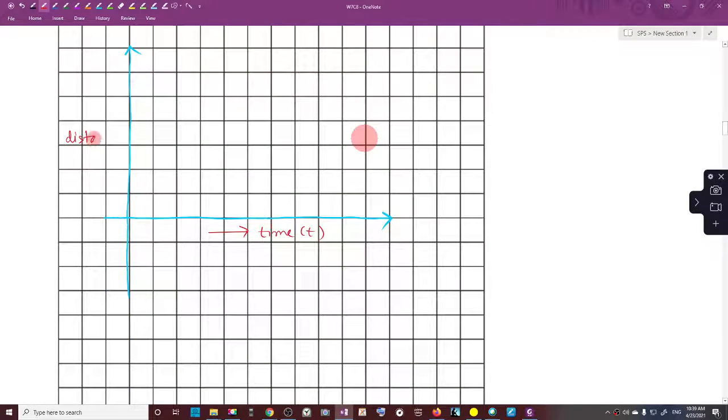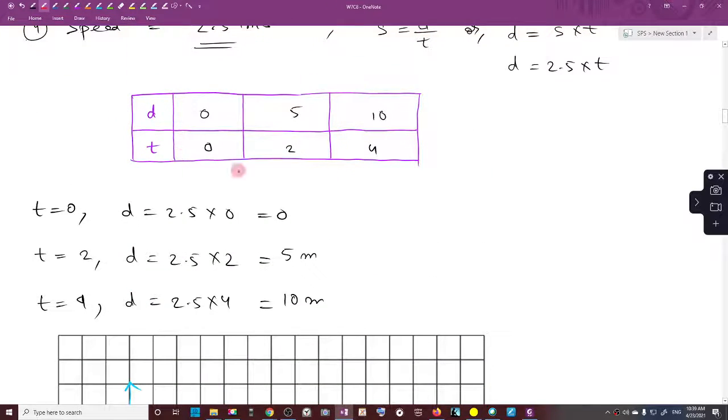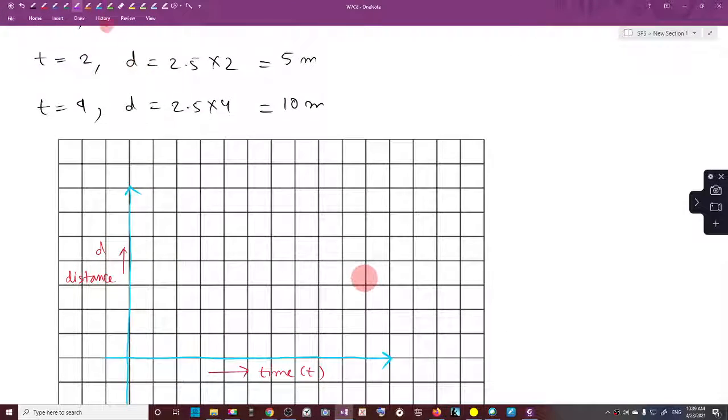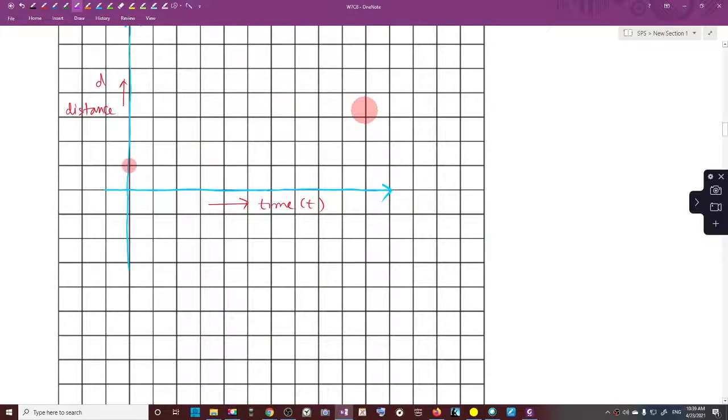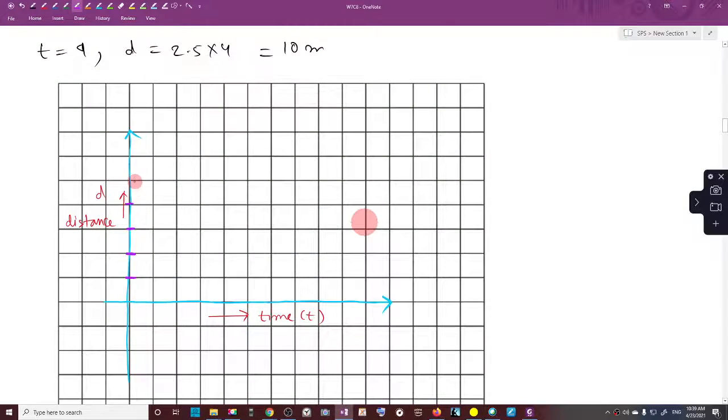Let us write this as d. Now the distance is from 0 to 10 meter. So let us take the interval from 0 to 10. So 1, 2, 3, 4, 5, 6, 7, 8, 9, and this will be 10.